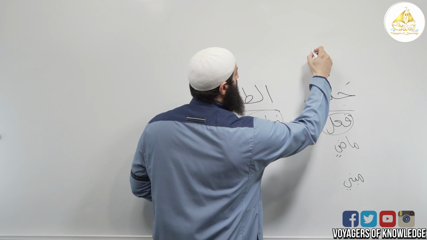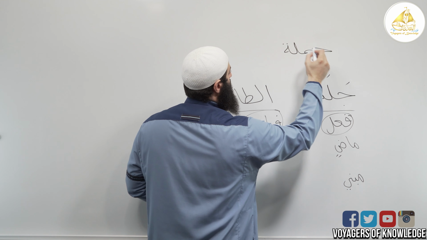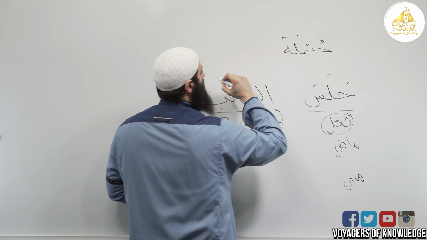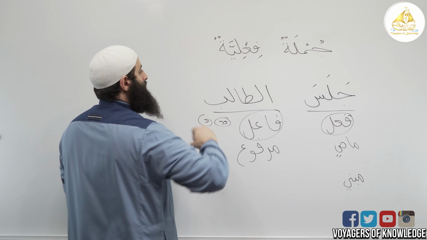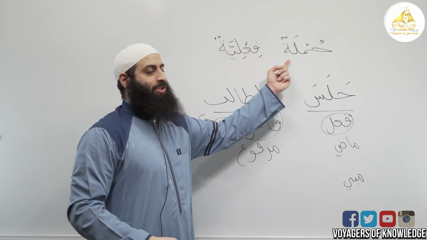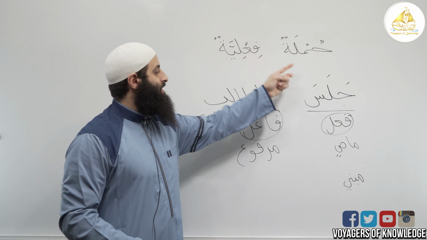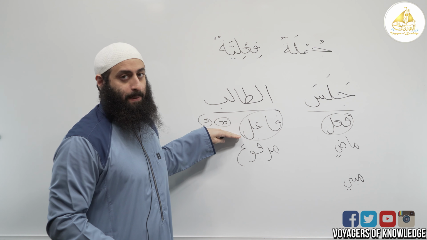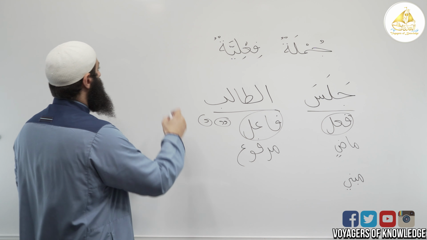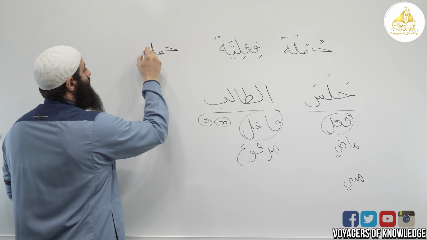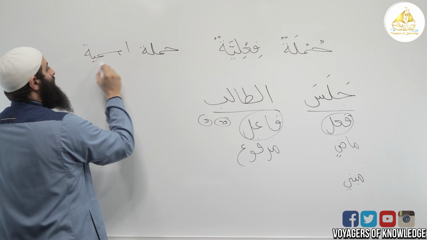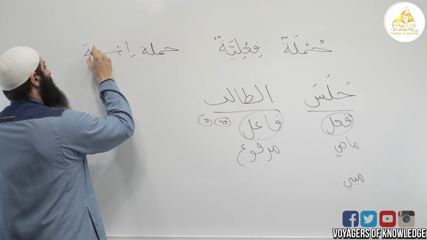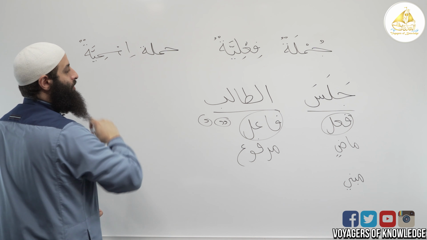This is جملة فعلية. This is a verbal sentence. Verbal sentences are made up of فعل and فاعل. جملة اسمية is a nominal sentence.